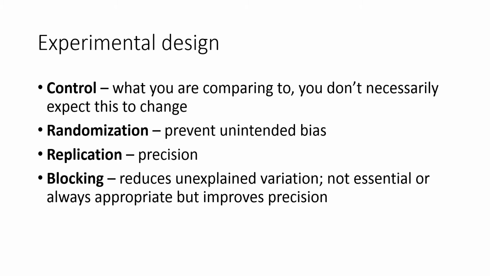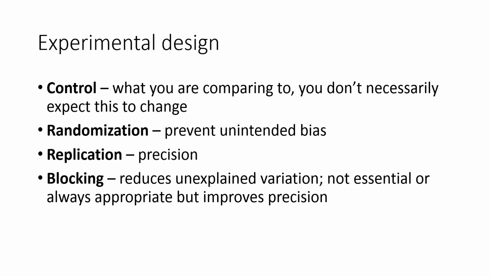You don't necessarily expect your control to change over time, or at least not in any way related to the experiment you're doing. And it really comes back to the question I posed to you originally: what are we restoring to? What is the baseline to which we're trying to compare our information?